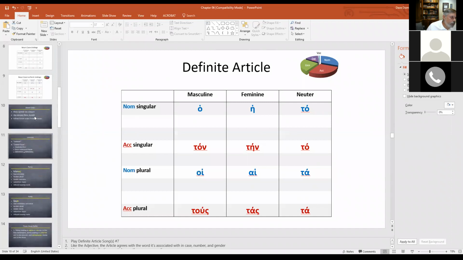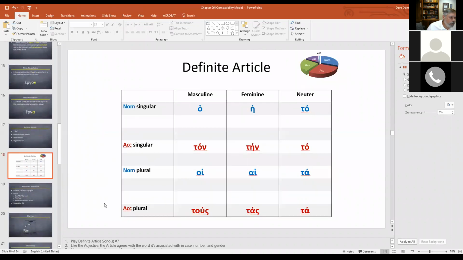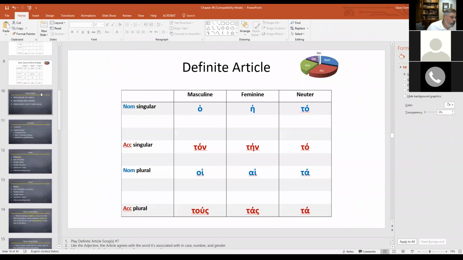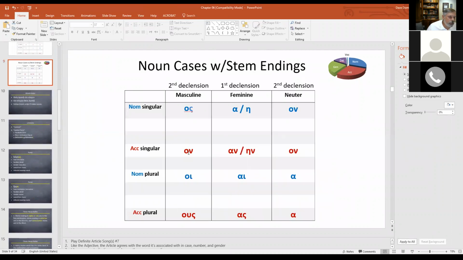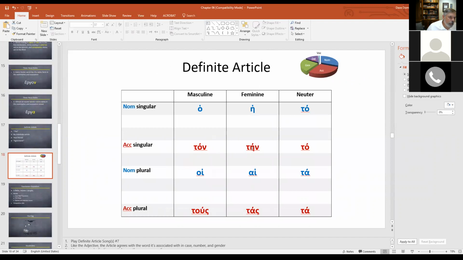Same thing here. This is where I find agreement. Here, tous, tas, ta. Almost the same, not quite with the accusative singular, with the alpha nu or eta nu, and omicron nu. But in the article, it's a little different. I've got ton, tēn. It's not going to be the alpha, it's going to be the eta, and there's no nu here. But for the most part, they pretty much follow the same pattern. That's how you begin to recognize.